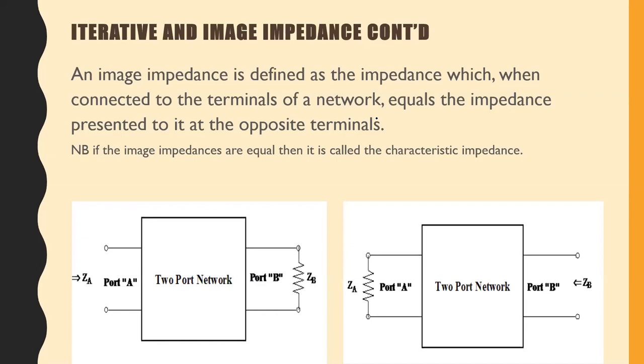Now, if the image impedance at both ports are the same, then it's a characteristic impedance. Sir, can I repeat the example with the 100 and the 400?